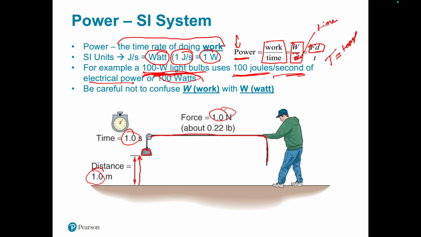So what you can do is multiply the distance times the force, which is 1 times 1, and then divide that by 1, and you can see now this person has done 1 watt of power, right? 1 watt of power was used to do this.